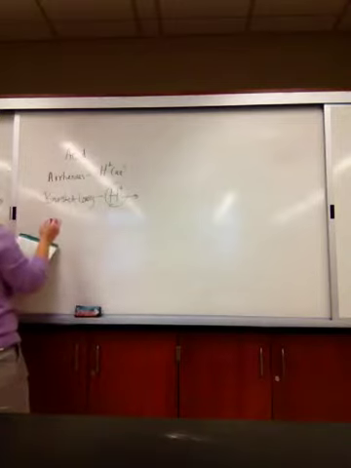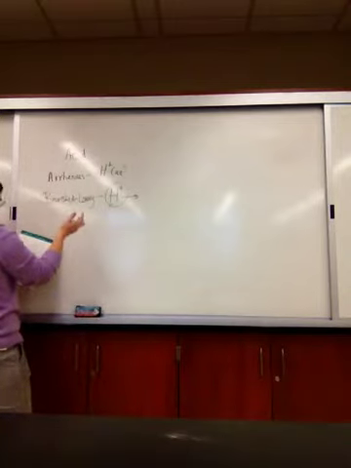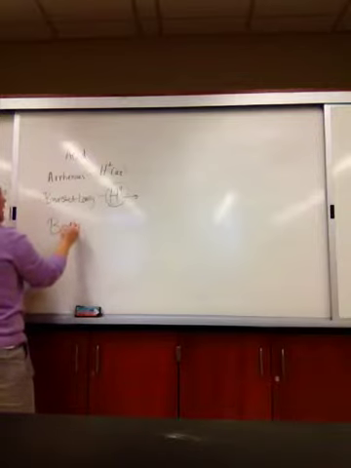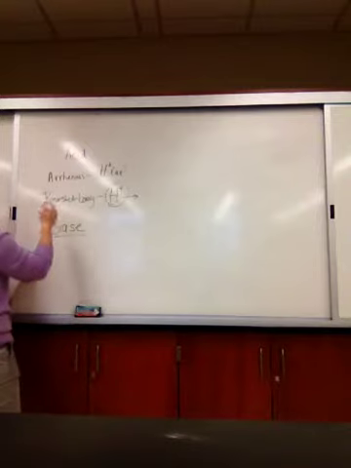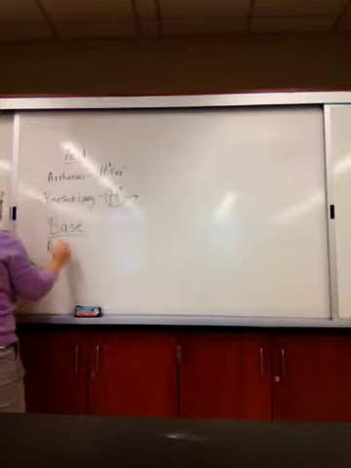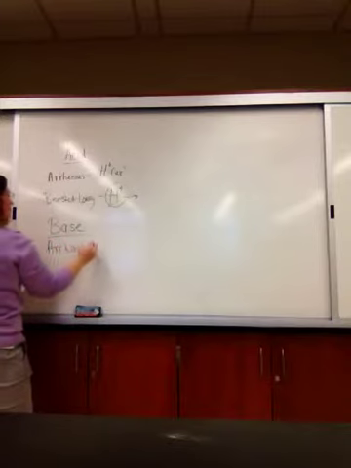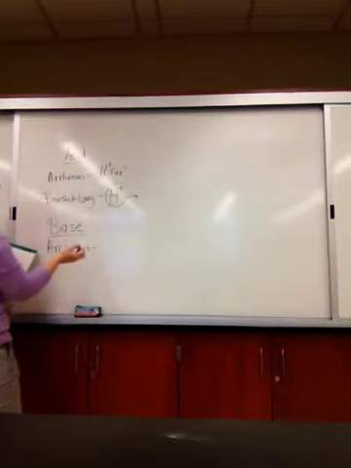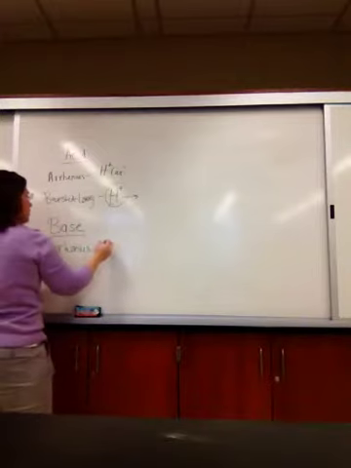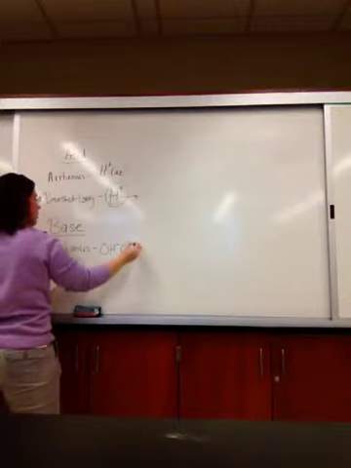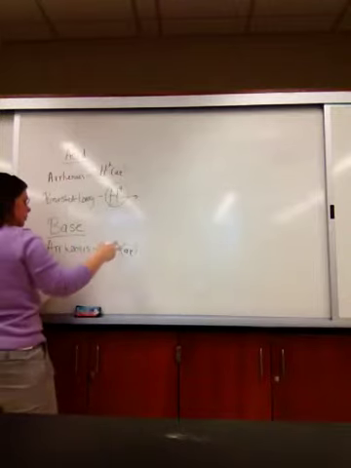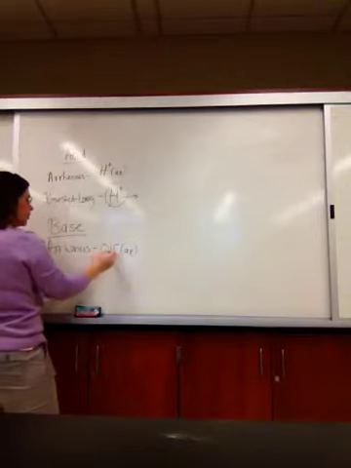Okay. And then what we're going to have is a base. And as a review, a base is exactly opposite of what an acid is. An Arrhenius base is a substance that produces OH- in solution or in water. So in a solution of water, a base is going to give you this.